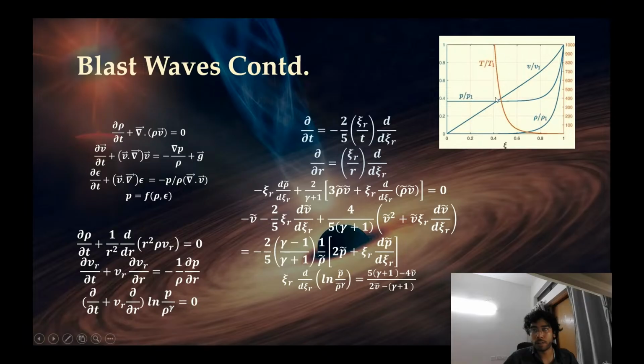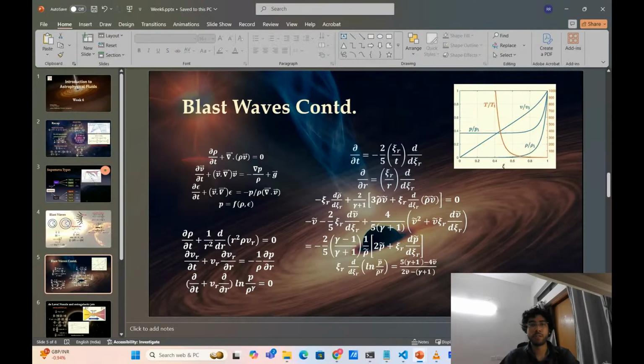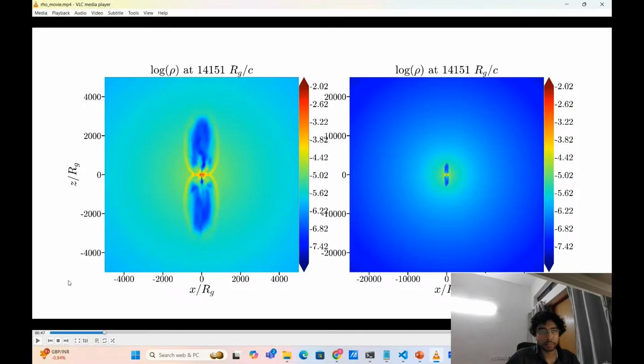And similarly, you can also calculate the temperature, which you can get just by P by rho. So the temperature at the shock goes to 0. So these are the solutions of these three equations, right? Now if you go back to the video that I was showing for this core collapse model and how the shock gets released.